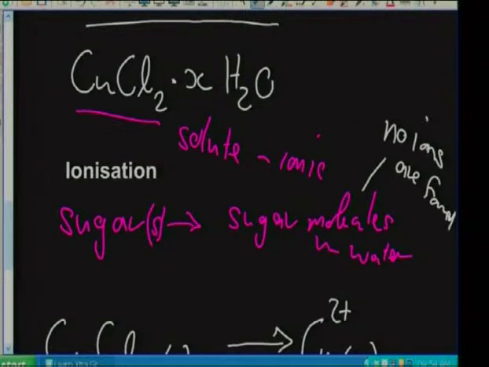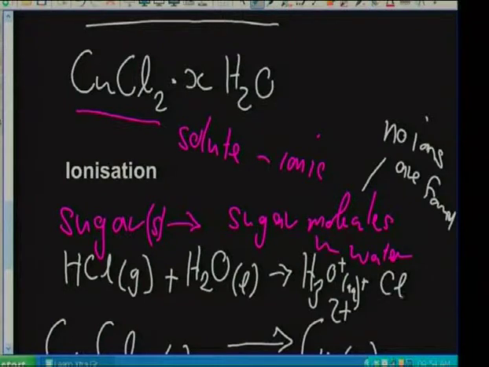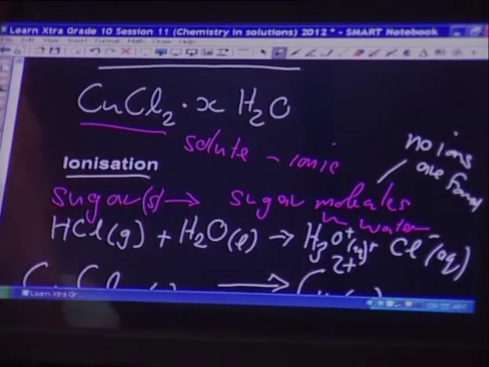But if we take something like hydrogen chloride, which is a gas, and we add water to it, then it will dissolve in the liquid to form a new set of ions. The hydronium ion, which is aqueous, plus the chloride ion, which is also aqueous. Now, this process, where there were no ions to start with, is called ionization, the formation of ions.